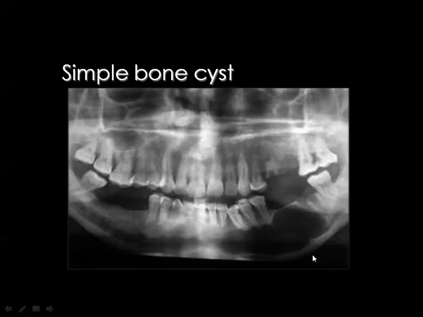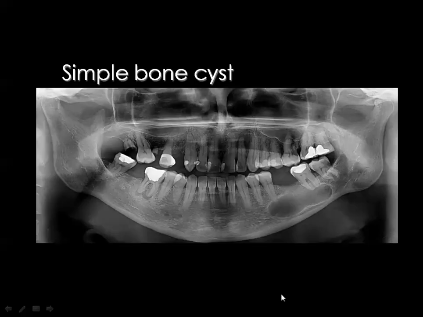The value of MRI here is to confirm that the cyst is unilocular and the fluid is serous fluid, not other types of fluid, as we can see. But in the mandibular panorama, just say that this is a unilocular cystic lesion in the mandible, which may be a simple bone cyst.